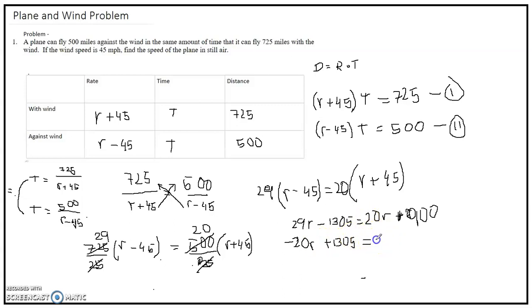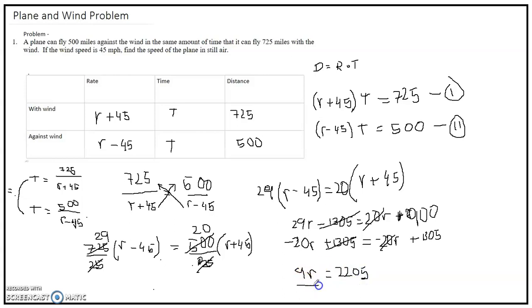We'll do the same thing on this side, minus 20r plus 1305. We can see that 20r minus 20r goes away. 1305 plus 1305, that goes away. We'll just have 9r equals 2205.